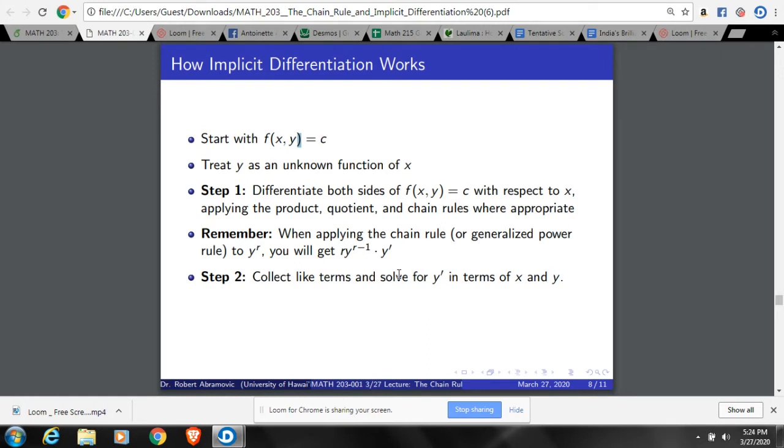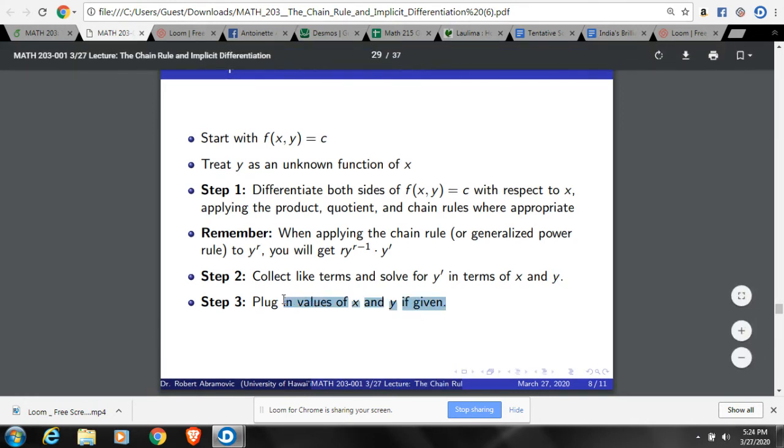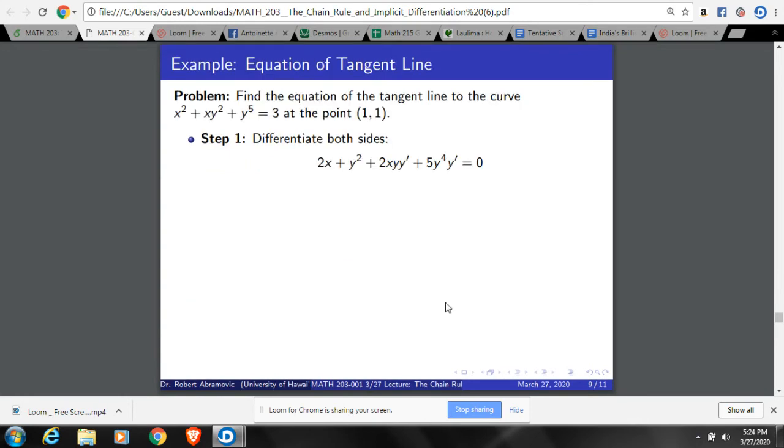You collect in particular the terms that have a factor of y prime in them, and then you solve for y prime as a function of x and y. And then, especially if you're trying to find the equation of a tangent line, you plug in the given values of x and y. In this case, x is equal to 1, y is equal to 1.